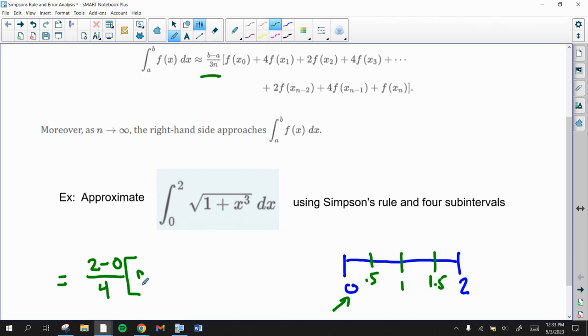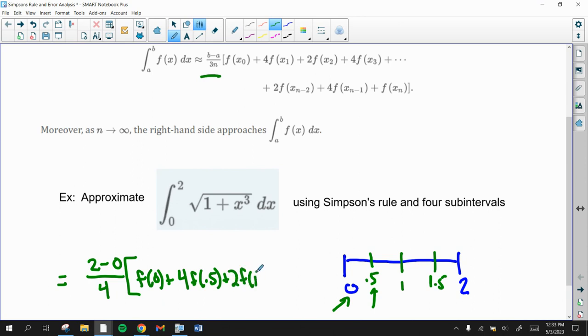That's f of 0. Plus, we're going to start with 4 and alternate between 4 and 2. So 4 times f of 0.5 plus 2 times f of 1.